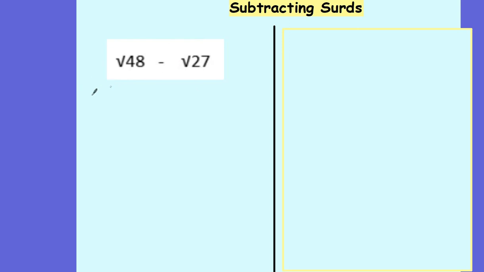I'm going to start by simplifying both of those terms. I need a square number that's a factor of 48. Well, 16 goes into 48 3 times, so I can write that as the square root of 3 times the square root of 16. And I know 9 goes into 27, so I can write that one as the square root of 3 times the square root of 9.